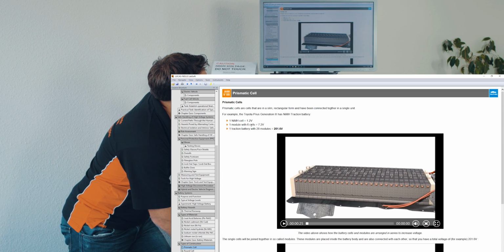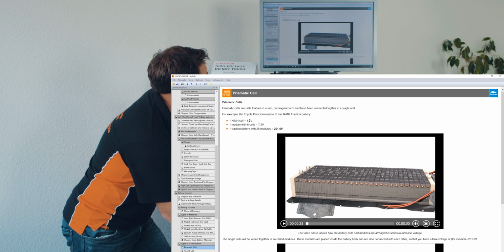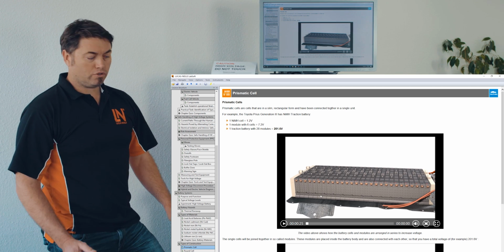So from each of those nickel metal hydride cells at 1.2 volts, each one of the modules has 6 cells, 28 modules, looking at 201.6 volts.